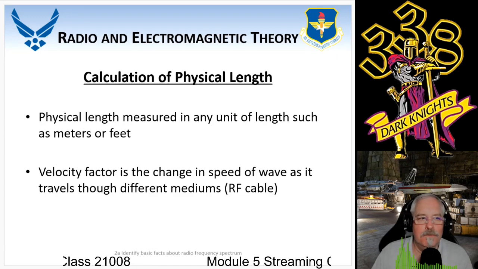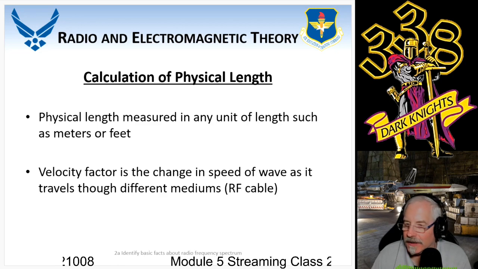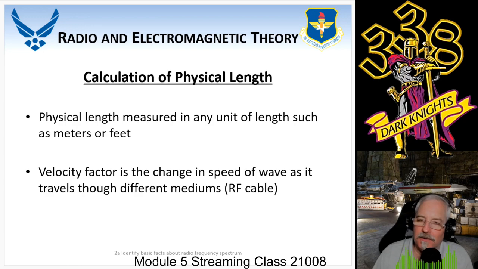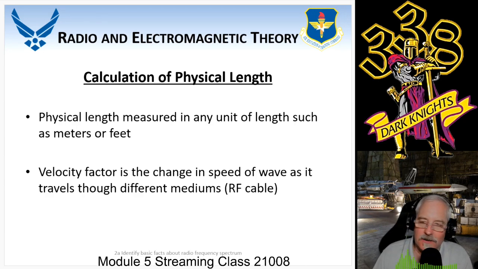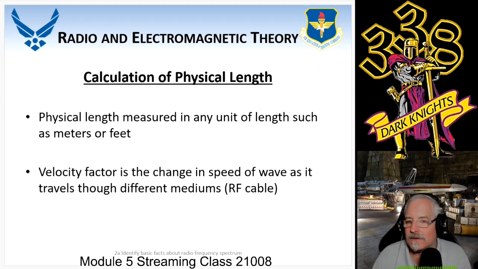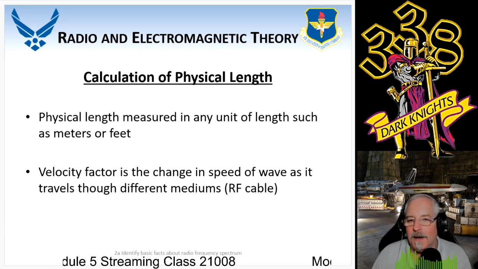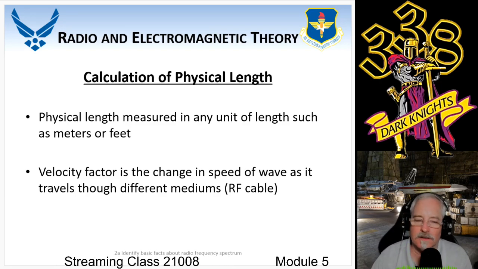Physical length is measured in any length. You take out the tape measure. Most of ours, because we have the imperial system in the United States, is measured in inches, feet, yards, miles, and so forth. Whereas with the metric system, you're dealing with meters, kilometers, and so forth.